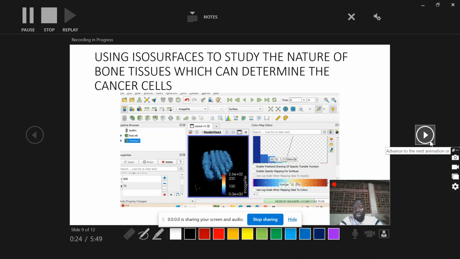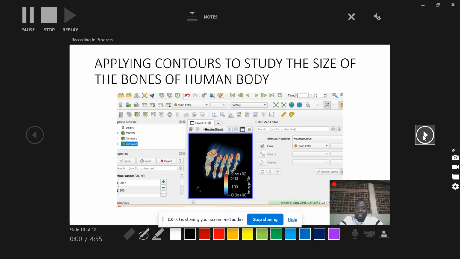So I can determine cancerous cells. With contour 2, I raised the values. Here I was trying to see the size, and get to see the protein concentration together with the calcium concentration on the bone.